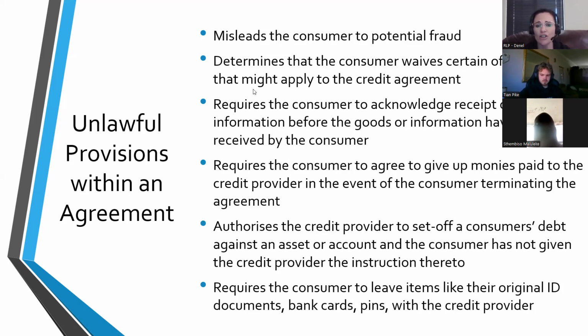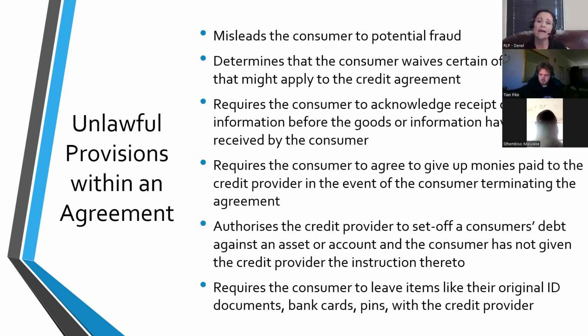Also, if it requires the consumer to agree to give up money paid to the credit provider in the event of the consumer terminating the agreement, if it authorizes the credit provider to set off a consumer's debt against an asset or account, and the consumer has not given the credit provider instruction to do that, or the last one, where it requires the consumer to leave items like the original ID documents, bank cards, PINs, etc. with the credit provider. So if any of these scenarios happen, it's an unlawful provision.